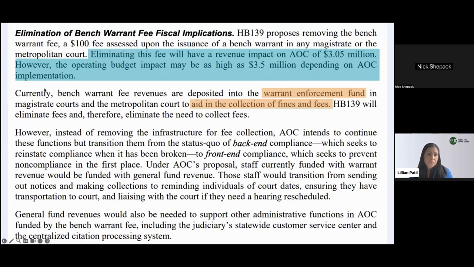So the next paragraph tells me that the revenues from the warrant fee are currently being deposited into this court fund, which is being used and spent down to aid in the collection of those very fines and fees. So logically speaking, they're saying this bill will eliminate the fees, so we don't any longer have to spend money and time and staff resources on trying to collect them.